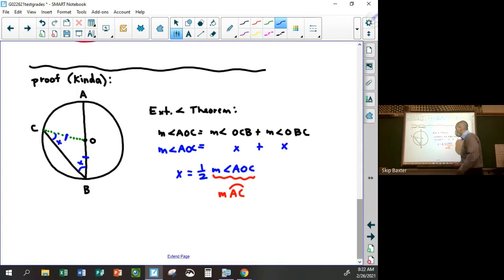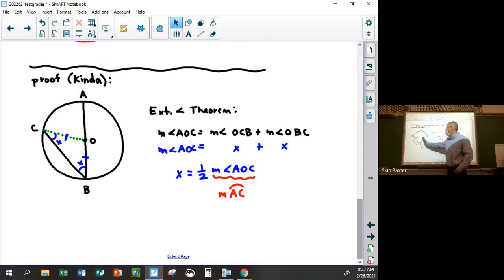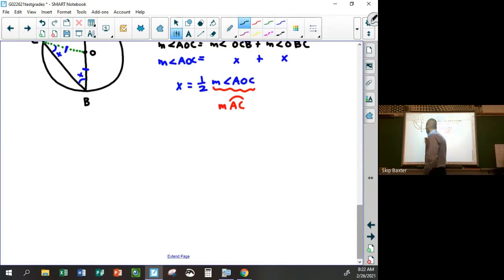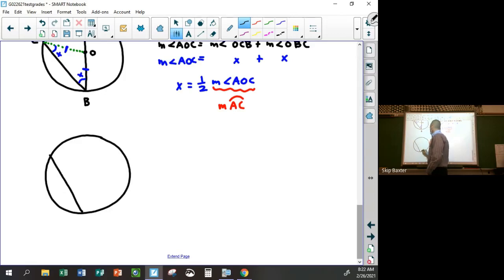Now, this happened to be a special case. And the special case is that it happened to be a diameter that was one of the sides. Well, if you have a situation in which the diameter is not one of the sides, you could just use this fact. For example, suppose I have just a random inscribed angle like this. Definitely neither of those are diameters, right?